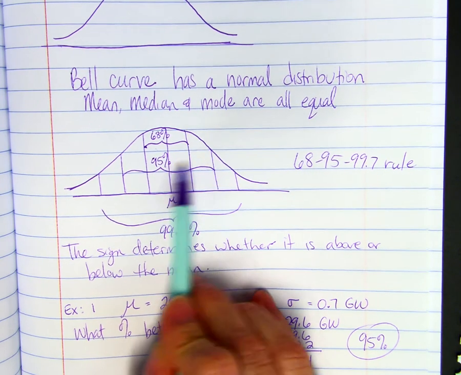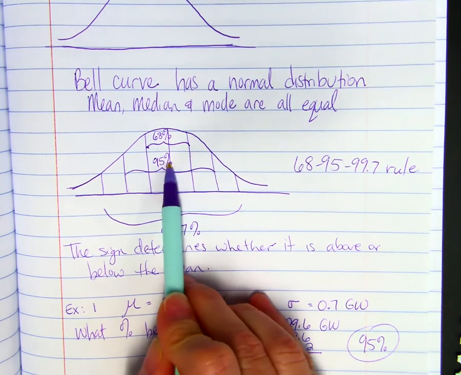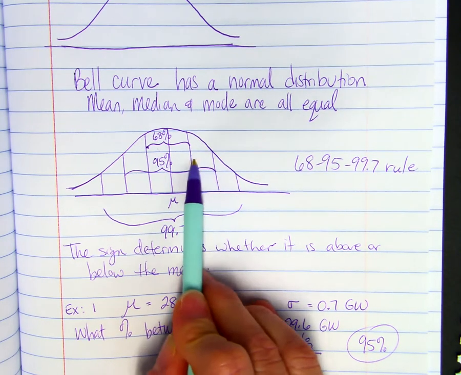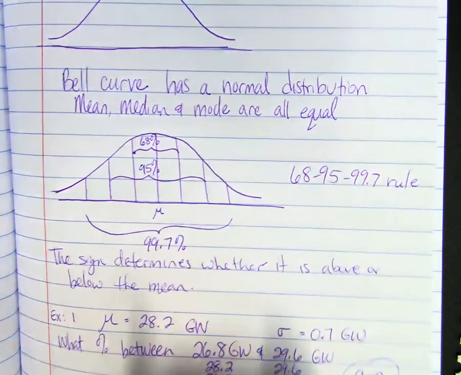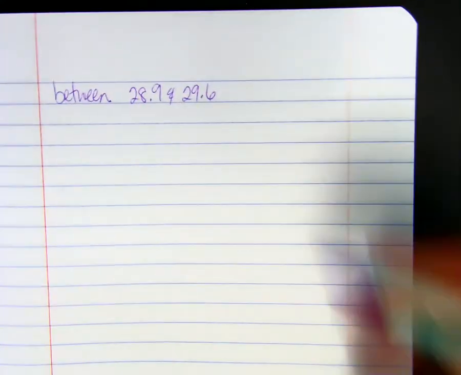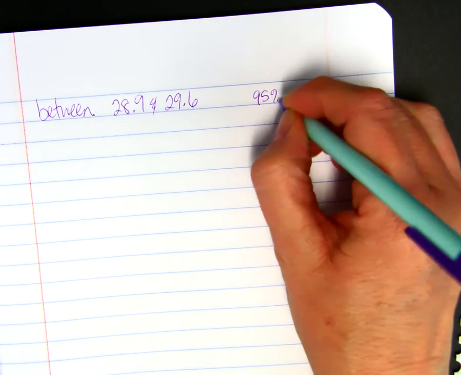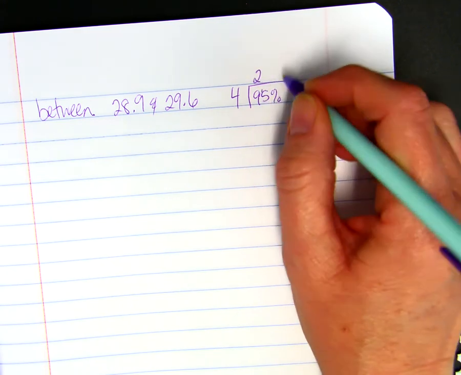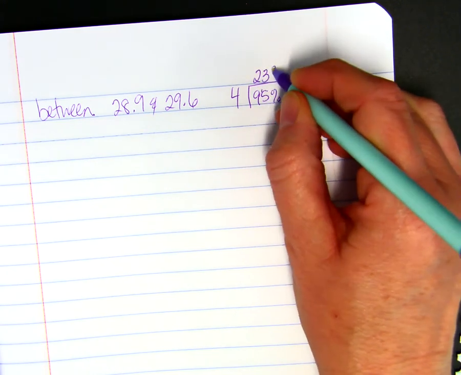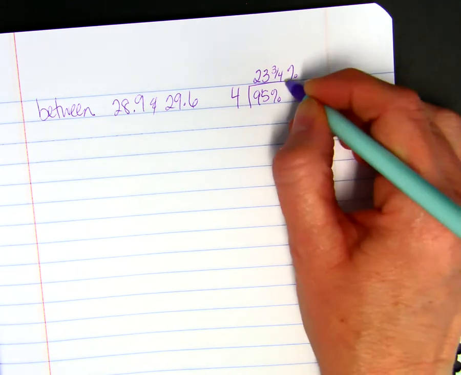So not the whole thing, but 1 and 2. So we want to cut 95 in half, and then cut it in half again. So we'll do 95% divided by 4. 23 3/4%.